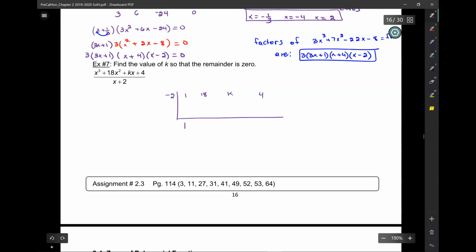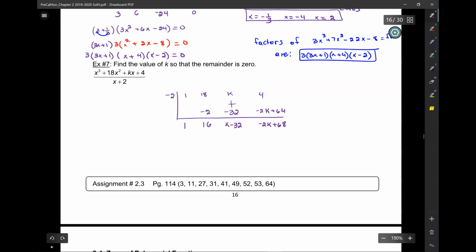Okay, so 1, negative 2, 16, negative 32. Now I add, right? I'm going to get k minus 32. Multiply, negative 2k plus 64. Negative 2k plus 68.